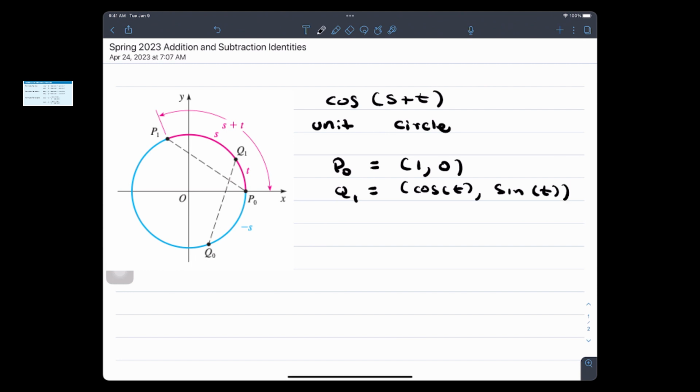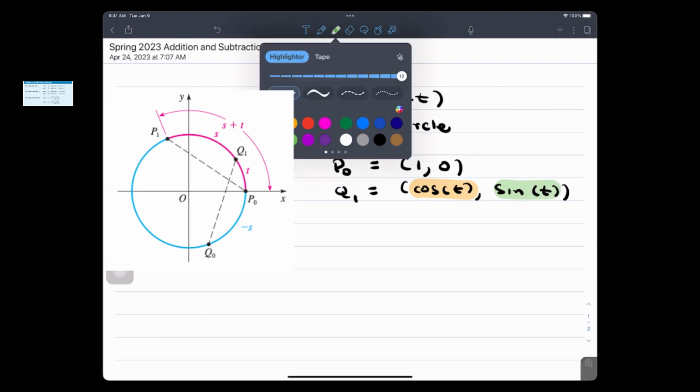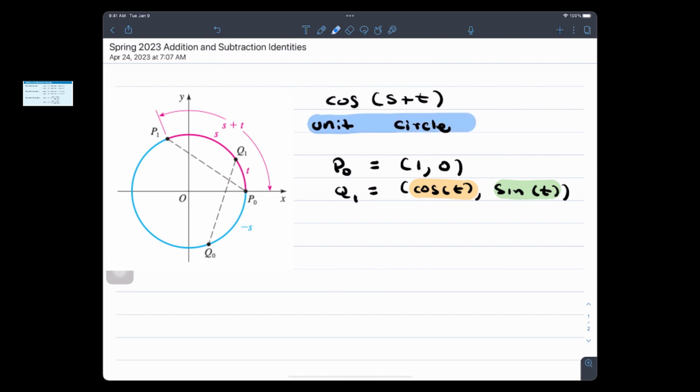I just want to remind you, remember we were coordinating this before with colors. There's the x value, here's the y value. So that's the definition of these points on the unit circle, where the radius is 1. Then you might ask, what about the location of P1? Let's define what P1 would be.